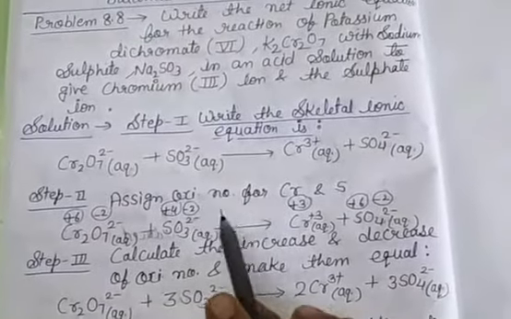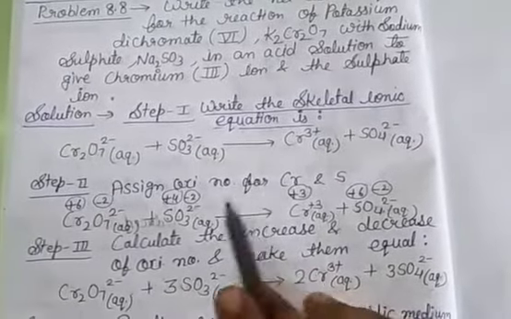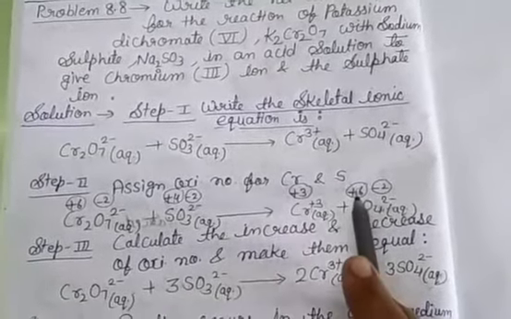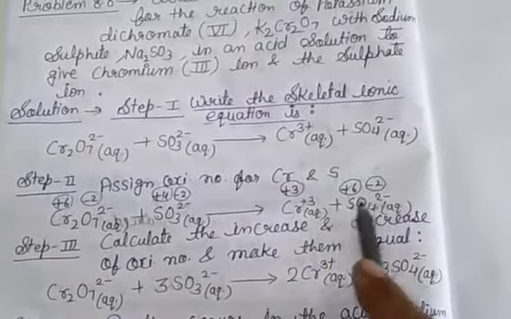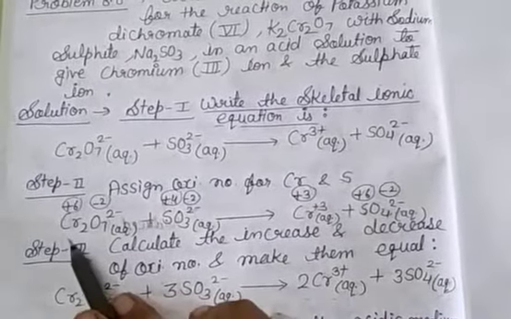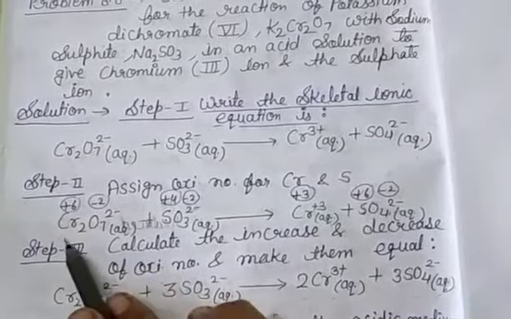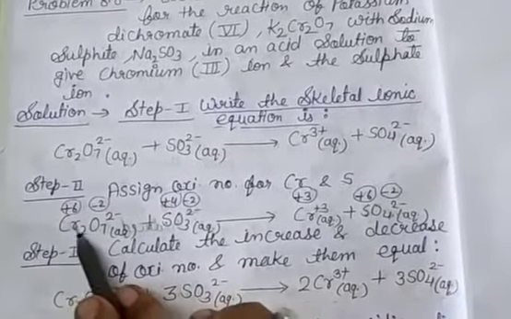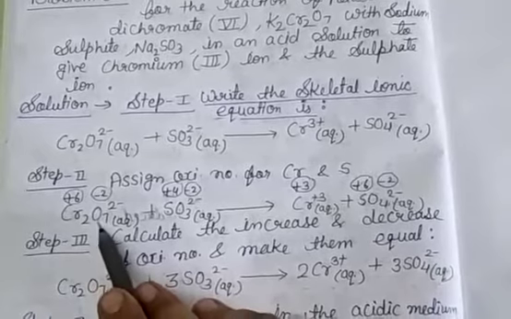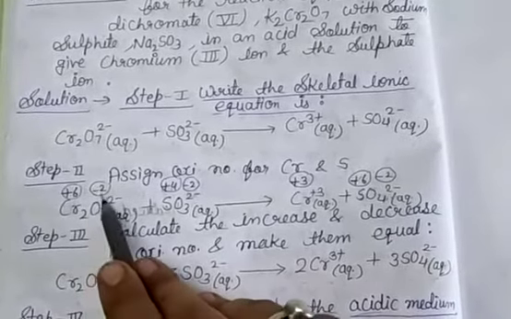Step second, assign the oxidation number for chromium and sulfur also. So first we have to write Cr2O7 2 minus. First we have to find the oxidation number of chromium, because we already know oxygen has oxidation number -2.